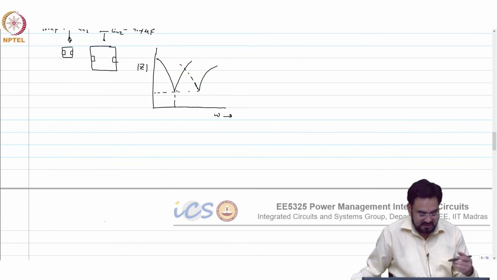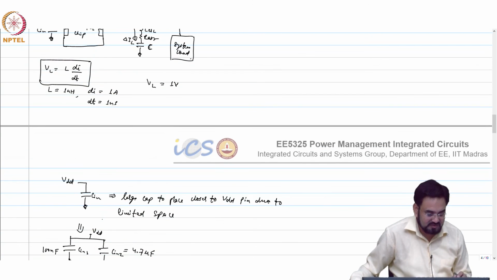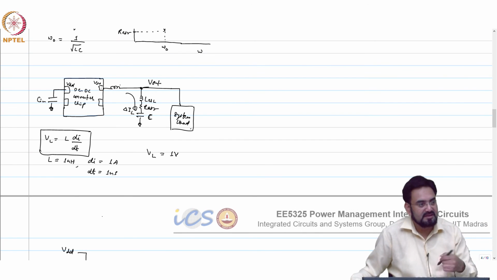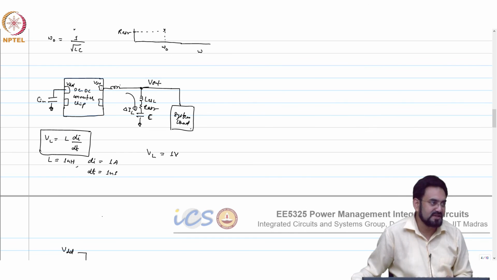Okay, so when we talk about the top level considerations, layout considerations, we will also talk about EMI and all those caused by this, because this current will be injected in. This is the VDD case, and the other is the ground also, because the bottom FET is also turning on. So you care about that inductance as well.